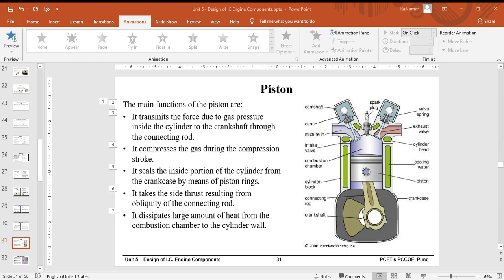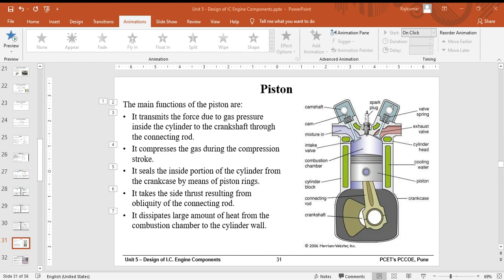Furthermore, the piston has to take the heat from the combustion chamber and dissipate or transfer it to the cylinder and to the atmosphere. So heat dissipation also has to be done by the piston.